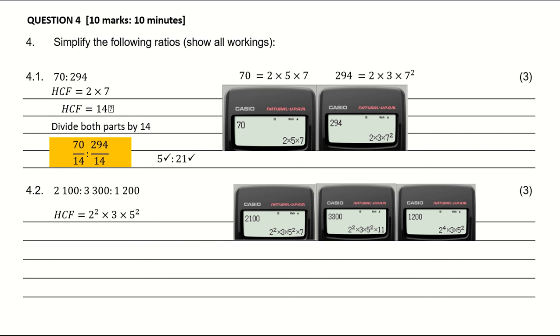Times those up, they will give you your highest common factor, which will be 300. Divide each part by 300. We've got 3 parts. So that 2100, you'll divide it by 300. 3300, divide by 300. 1200, divide by 300. And this is what we will get. And it will be simplified in this form.